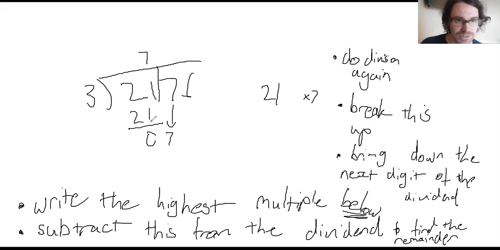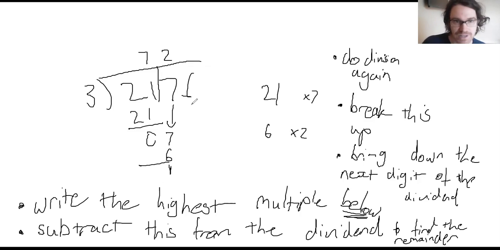Now here's our new division problem. 7 divided by 3. It's 3 times 2 is 6. So I'll put times 2 up here. Our highest multiple goes down here. We do subtraction. 7 minus 6.